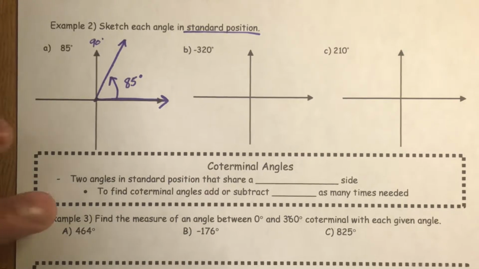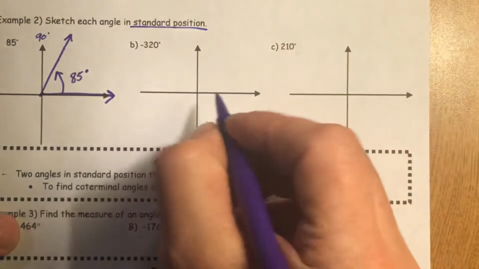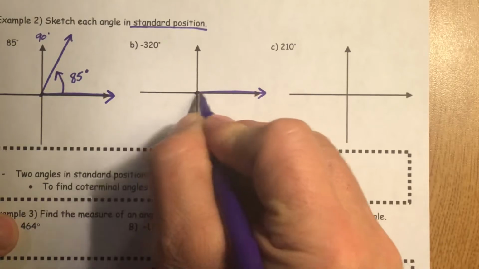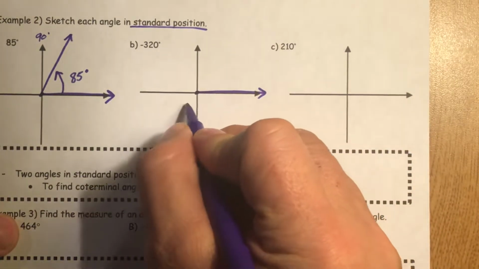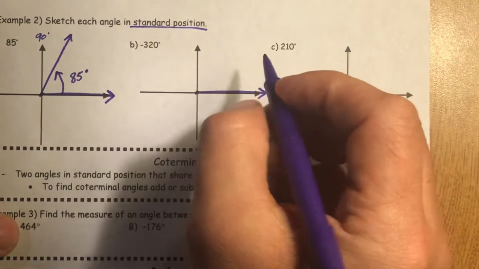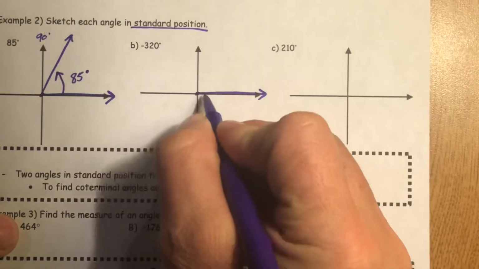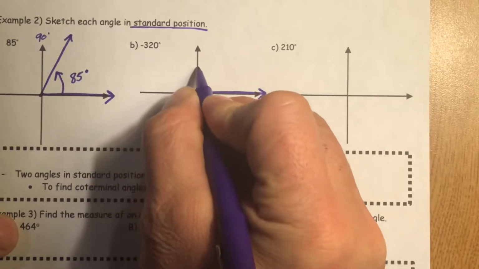Okay, all right. B, negative 320. Again, once again, start with our initial side. Okay, it's negative, so we're going to start off by rotating around, okay? So let's see here, 320. Well, this is 90 degrees, 180, okay? Here is 270.